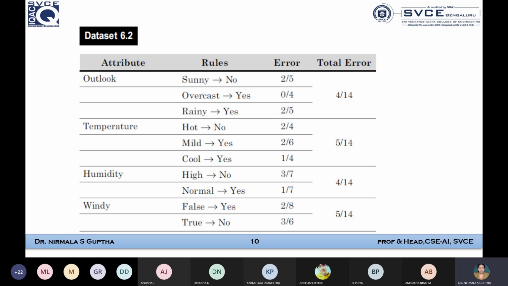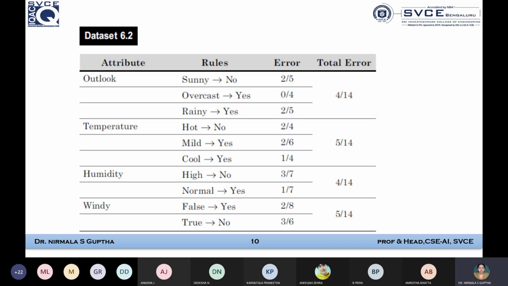The same way for the other parameters, we have computed the total errors. For the temperature attribute it is 5 by 14, because the denominator is 4 plus 6 plus 4, the instances of hot, mild, cool added together, which is 14. The denominator is the same as Outlook because the instances are the same.